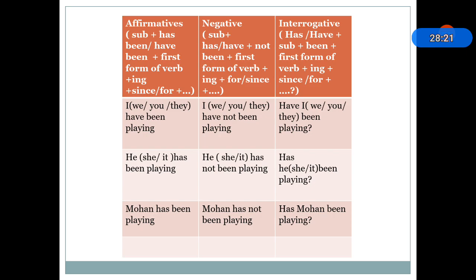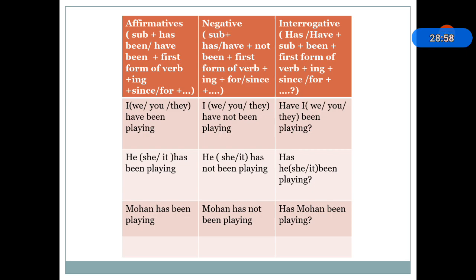Example, I have been playing, we have been playing, you have been playing and they have been playing. Next, he, she or it has been playing. He has been playing, she has been playing, it has been playing. And the third example, Mohan has been playing.